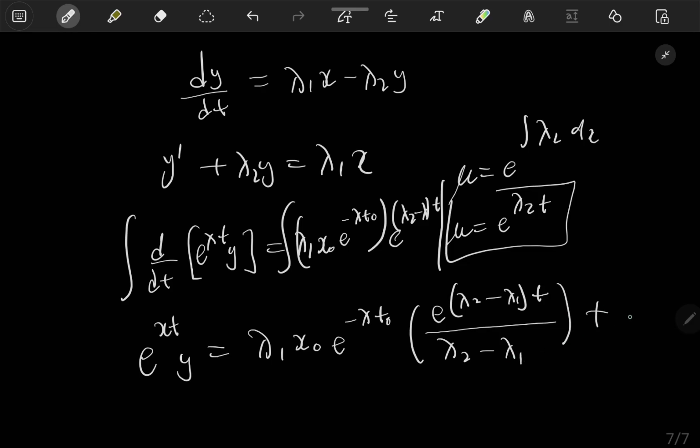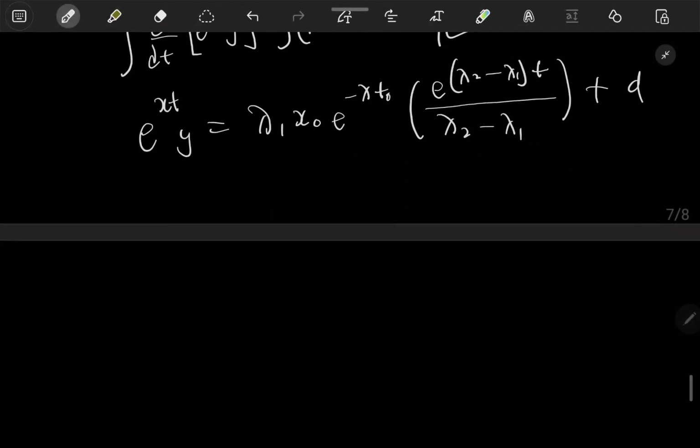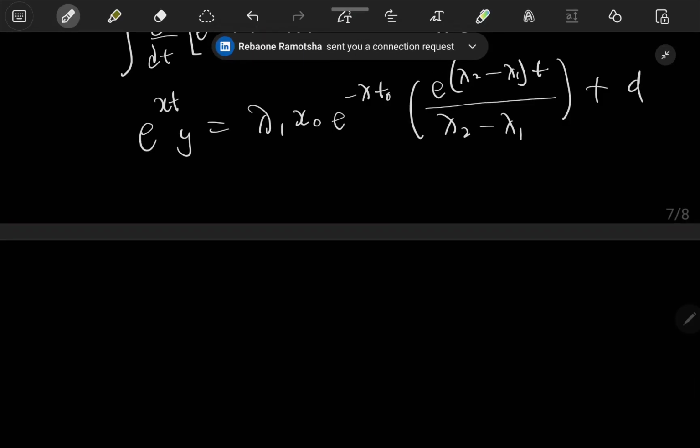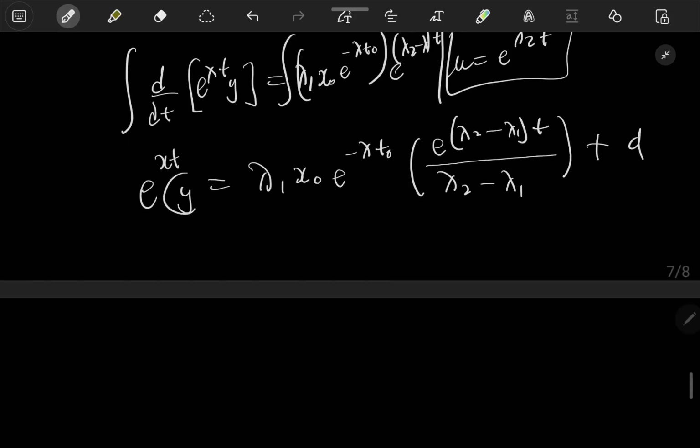Obviously we'll get some constant, let me call it d, right? And then from here you can solve for your y, because that's what we want.